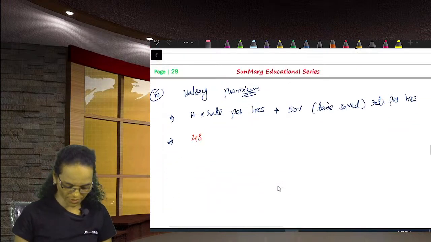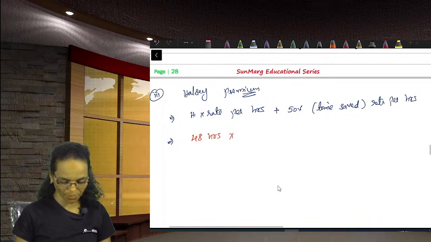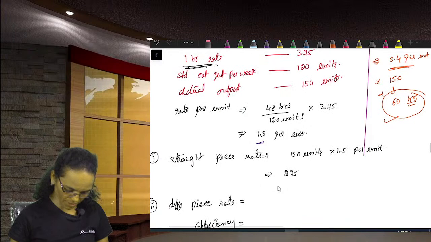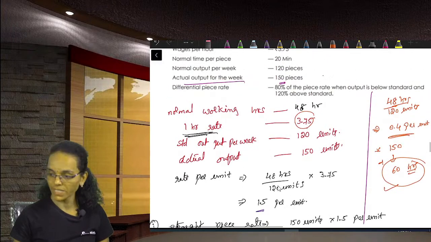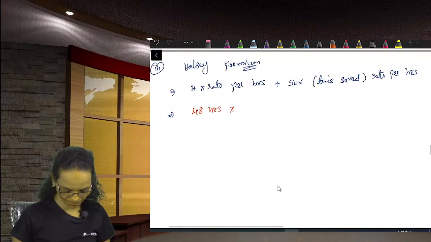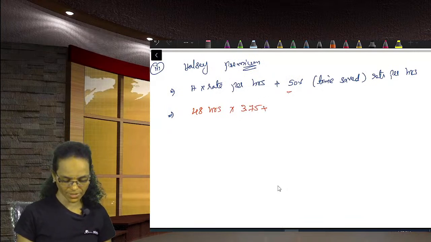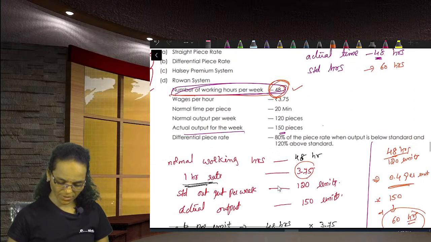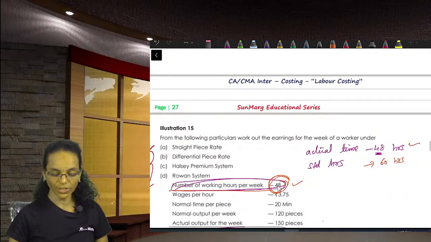Okay. Actual hours 48 hours he took. And what is the rate per hour? Rate per hour is 3.75, plus Halsey 50% of time saved. What is the time saved? Actually, we took 48, but standard was 60.